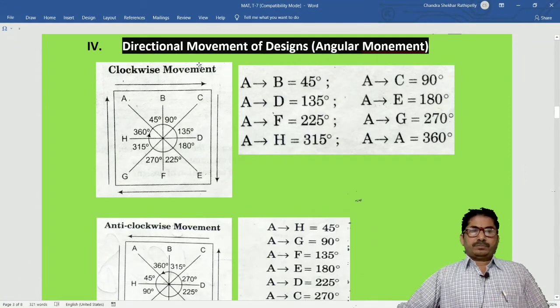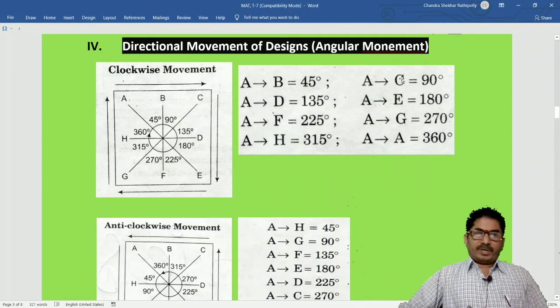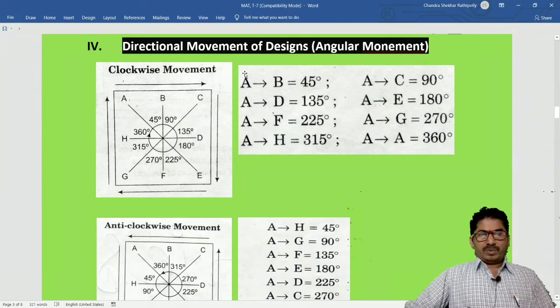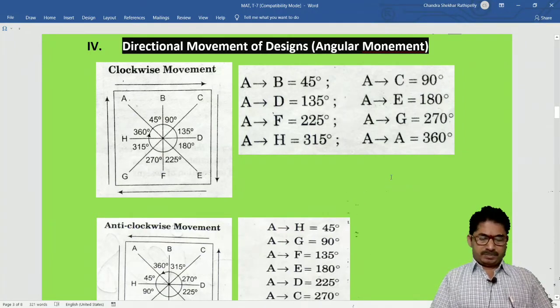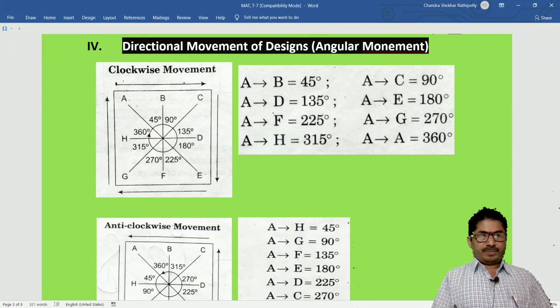Directional movement of designs, angular movement. This is also movement, but we are calculating by angles. Previously we have told ear to ear one arm or one step, but ear to ear is 90 degrees.